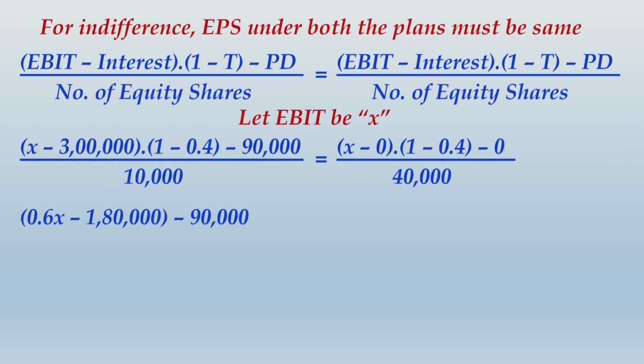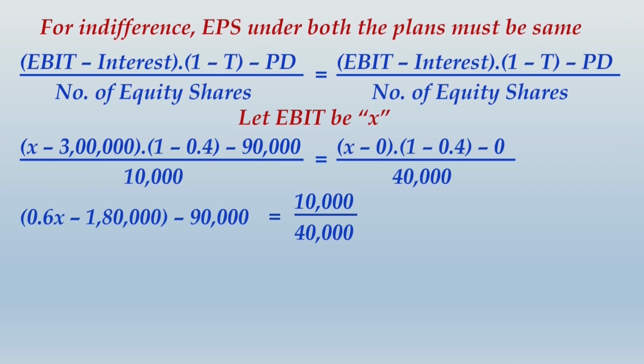The 10,000 appearing in the denominator of the left hand side, we will cross multiply and shift it as a numerator on the right hand side. On the right hand side 40,000 was already in the denominator. Now 10,000 goes into the numerator of the right hand side, and that will be multiplied to whatever value you had written over there.